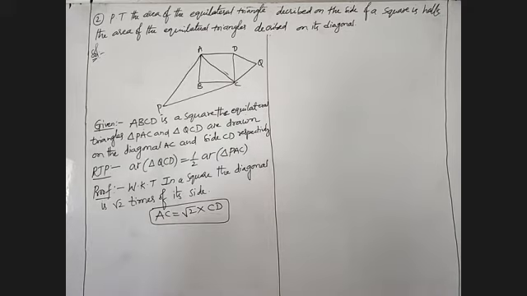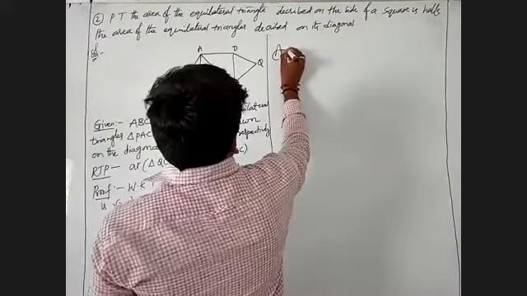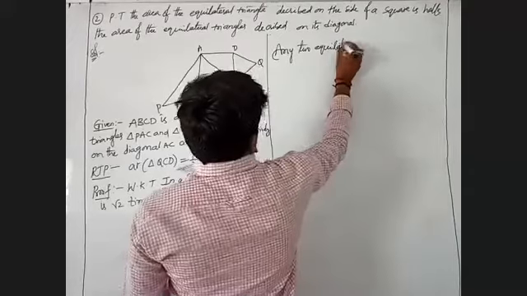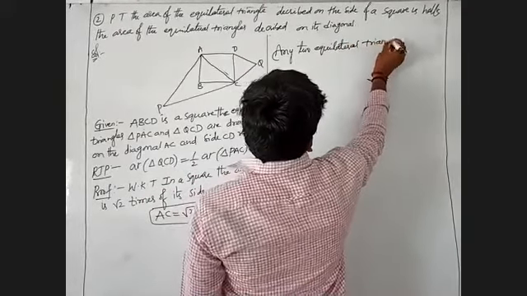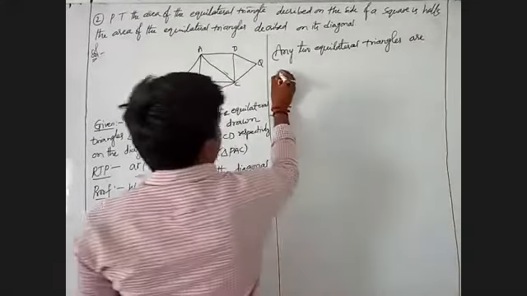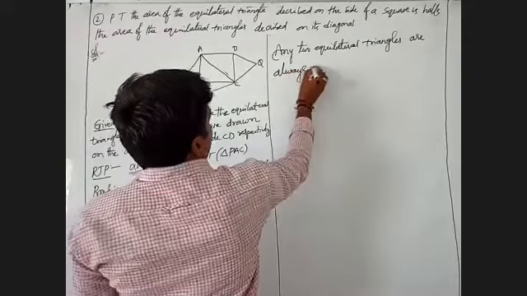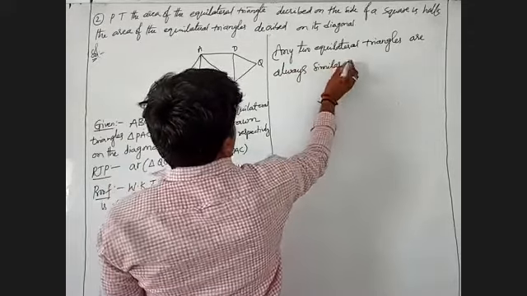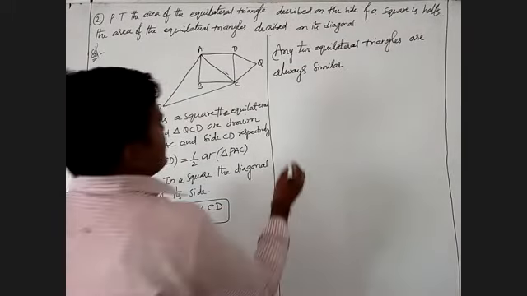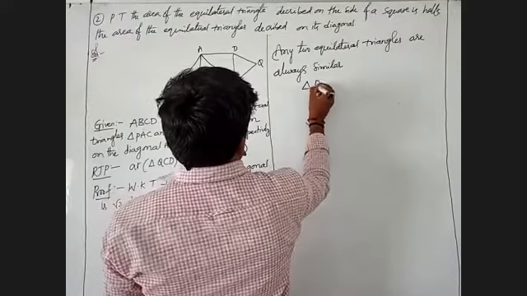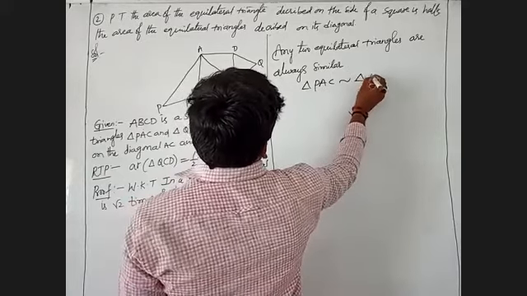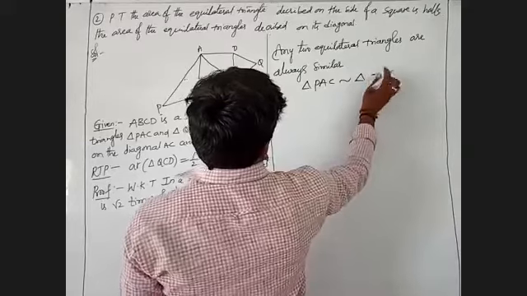I will write the next one: any two equilateral triangles are always similar. You will observe this one. Any two equilateral triangles are always similar, so triangle PAC is similar to triangle QCD.